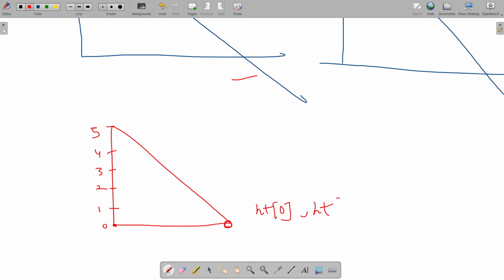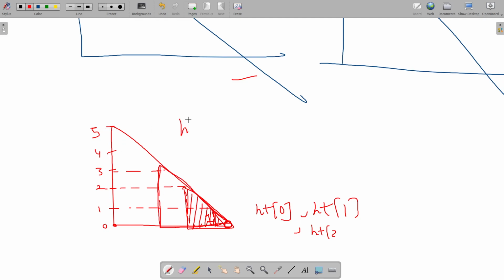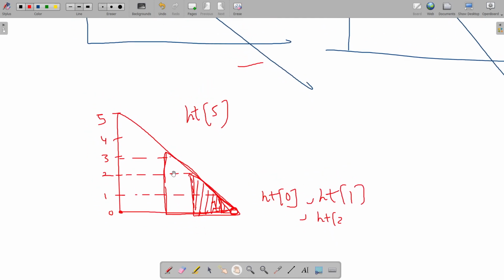Height of 1 will look at this isosceles triangle of height 1, and in this region what's the minimum cost to remove all the elements. Height of 2 will look at this isosceles triangle. Okay. Height of 3 will look at this isosceles triangle of height 3, and so on. And height of 5 will mean that we are looking at the entire triangle. All right.